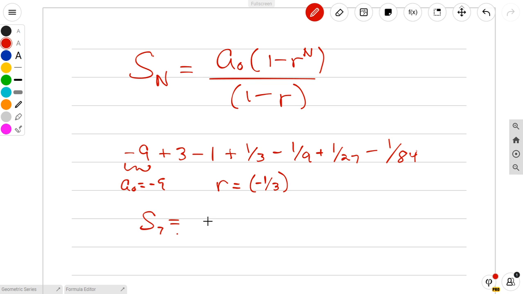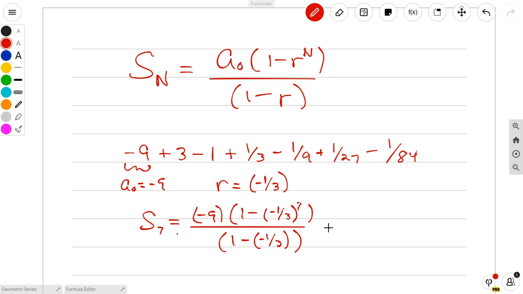And yeah, so it's going to be negative 9 times 1 minus negative 1/3 to the 7th all over 1 minus negative 1/3. Right? End up looking something like that. Should be able to calculate something like that.